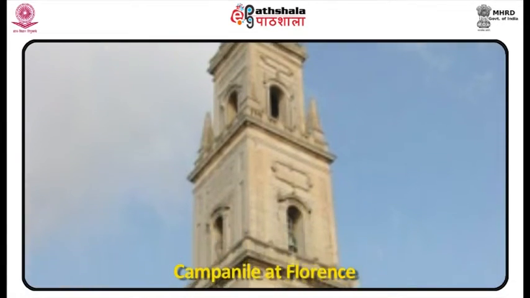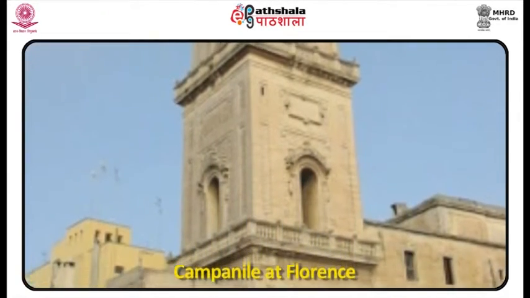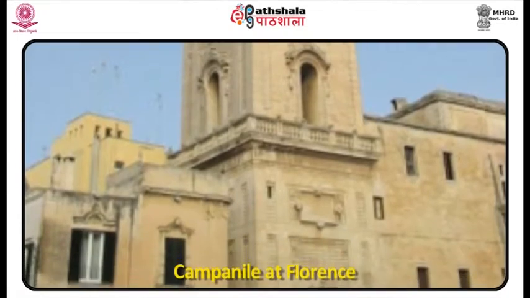The campanile at Florence is by far the most beautiful of these designs. In general, these Gothic towers differ from earlier Romanesque models only in the forms of their openings.